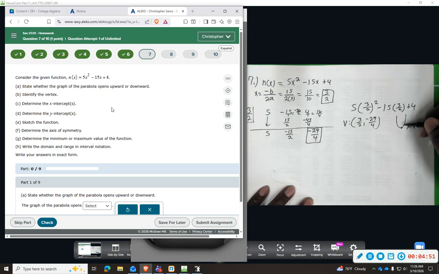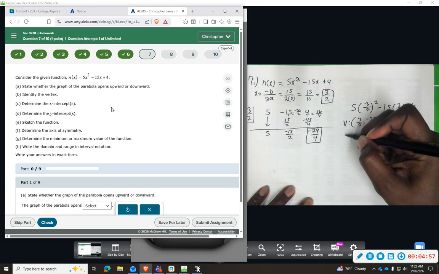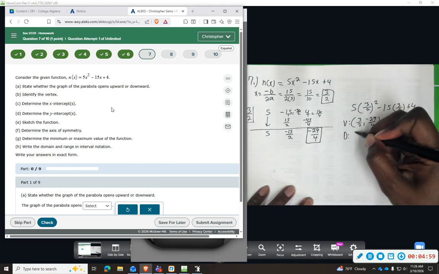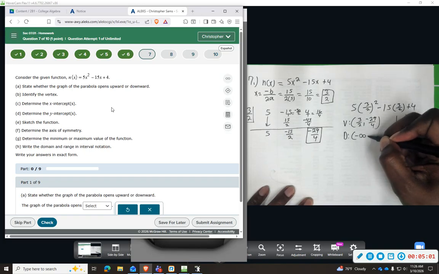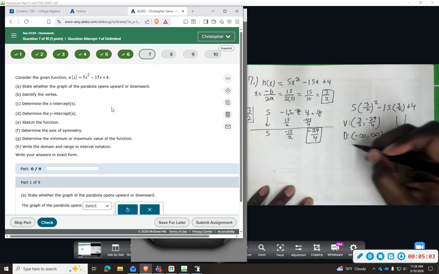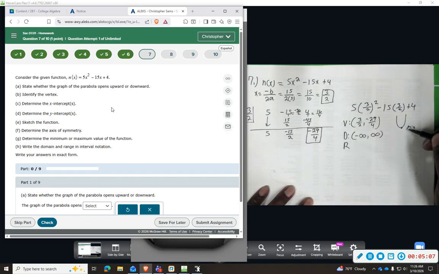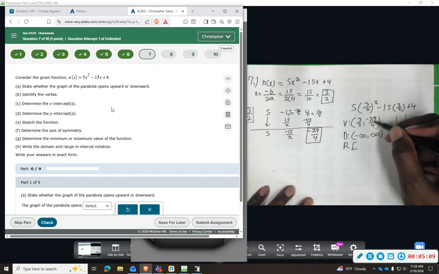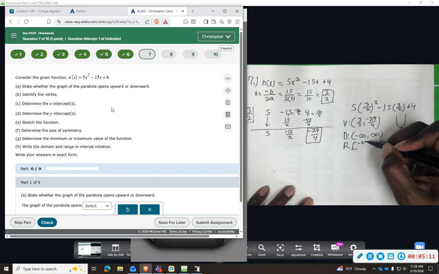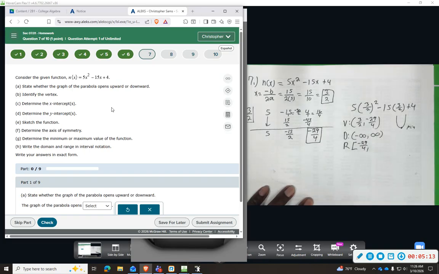Because I know I have a minimum, my range is going to be from low point to high point. So I can go ahead and say my domain and range. Domain is all real, as long as we don't have any restrictions. Range will go from the y value, negative 29 over 4, to infinity.